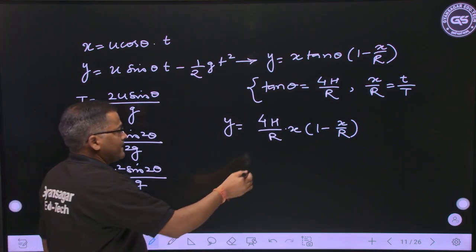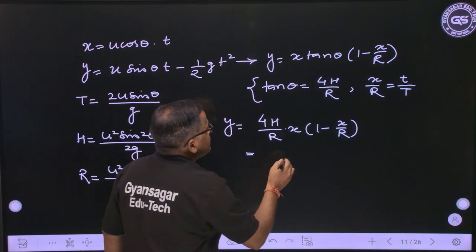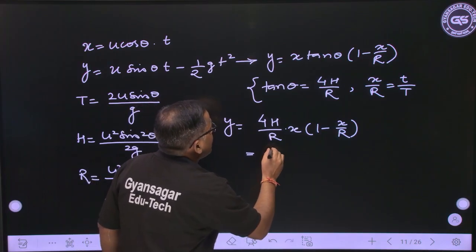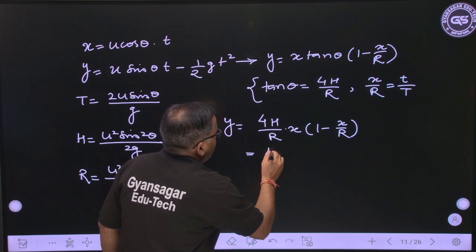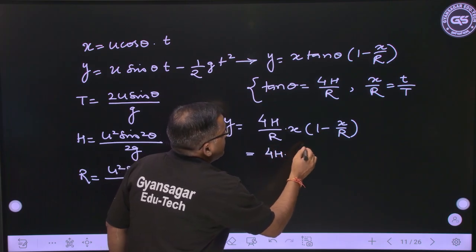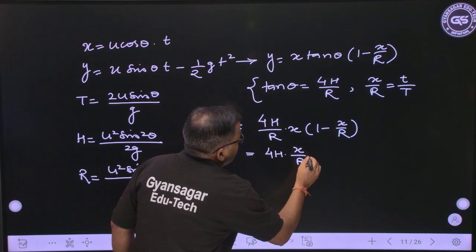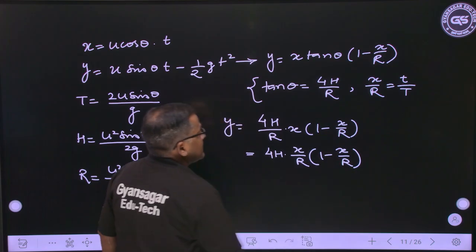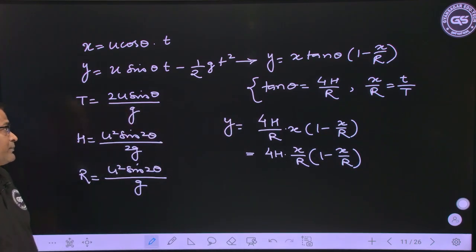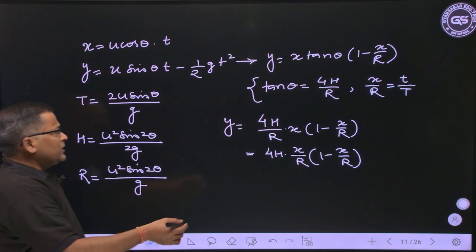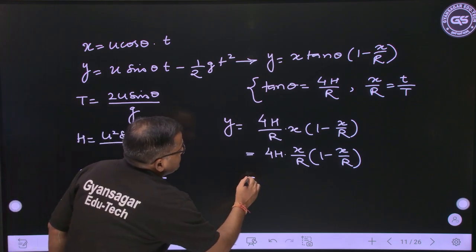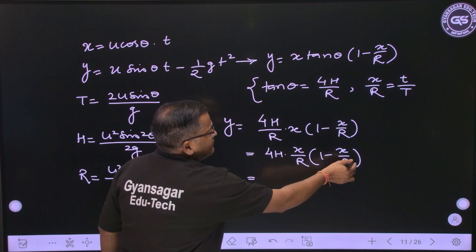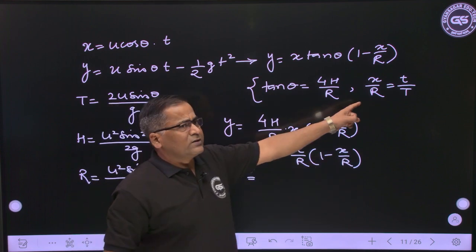Then this can be written as 4h into x by r into 1 minus x by r. Another equation. Then one more equation we can formulate is, in place of x by r, we can use this result.